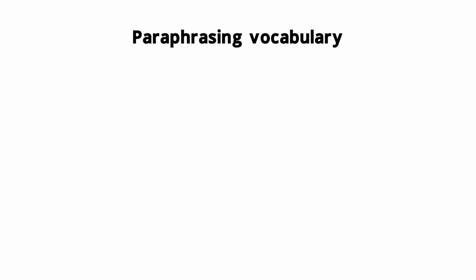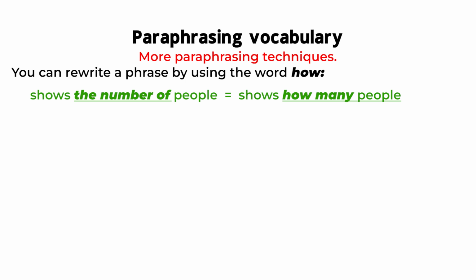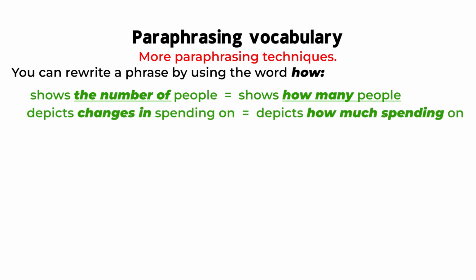Now, let's look at more paraphrasing techniques. You can rewrite a phrase by using the word how. For example, shows the number of people is equivalent to shows how many people, or depicts changes in spending on is equivalent to depicts how much spending on. Additionally, you can use synonyms.